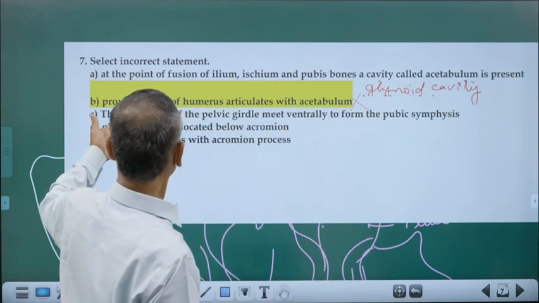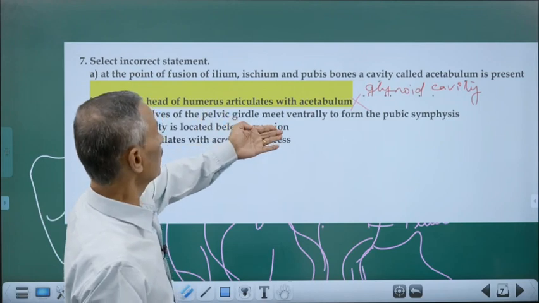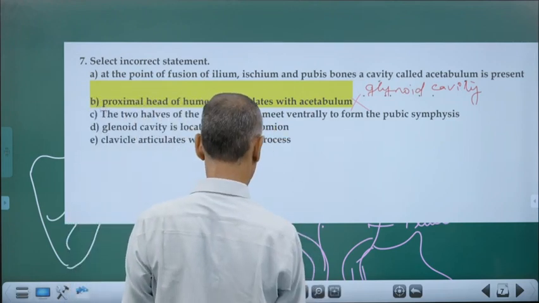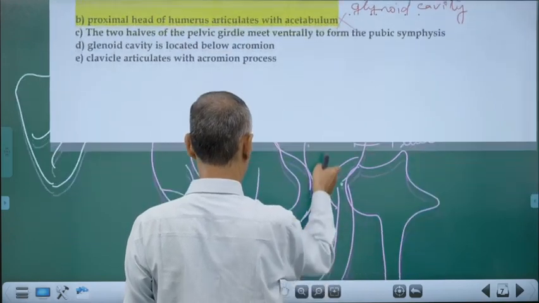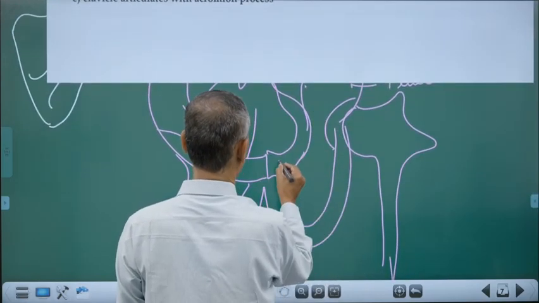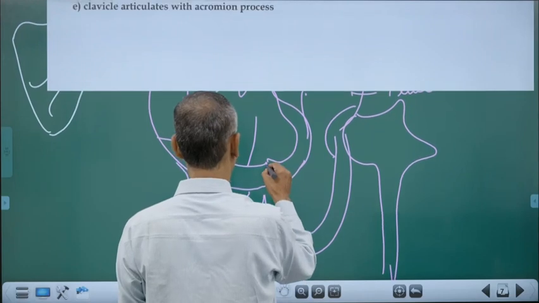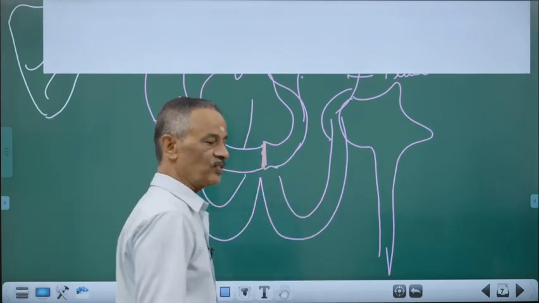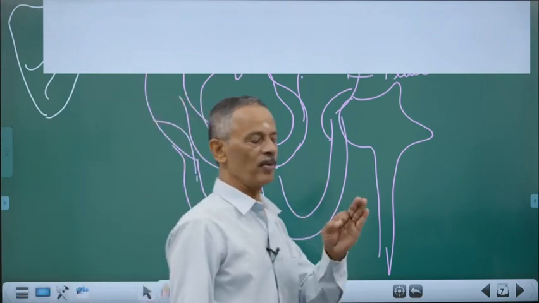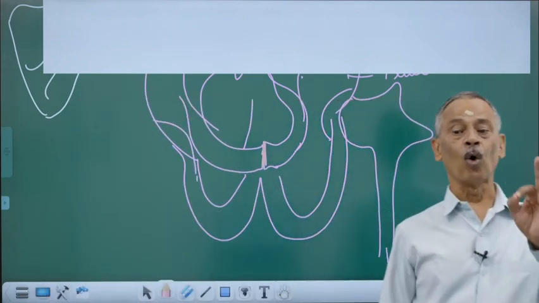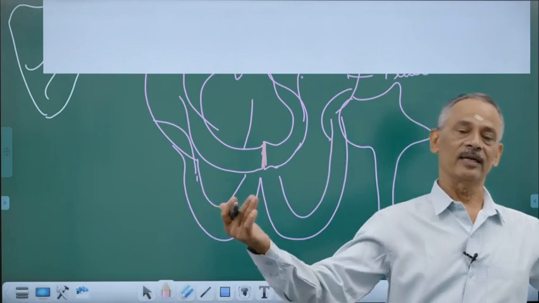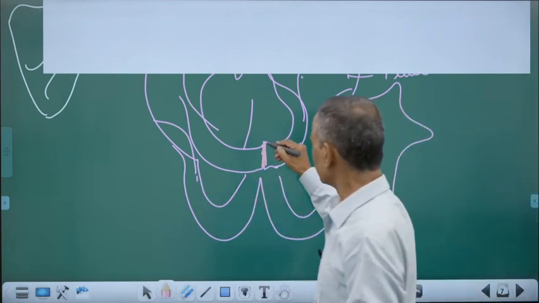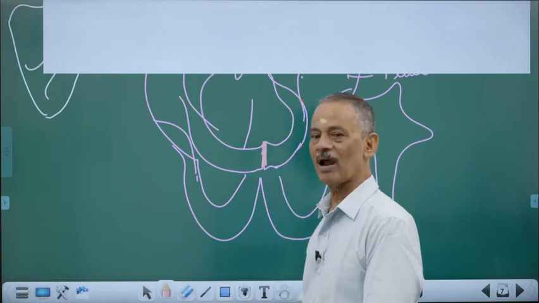Then, two halves of the pelvic girdle meet ventrally to form the pubic symphysis. See, the pubis of either side are meeting ventrally and it will form a symphysis. What is a symphysis? Symphysis is the structure formed by the joining of the same bone of either side, the right and the left pubis, and there is a cartilage. It's a cartilaginous joint.